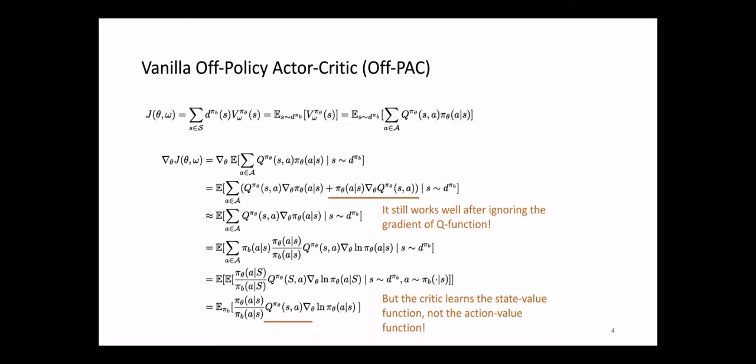And we can see in the last step that we finally obtain the action value function, but we are using the critic to evaluate the state value function. The critic learns the state value function, so we need to do additional things to modify this Q function into the thing we want, which is the state value function.